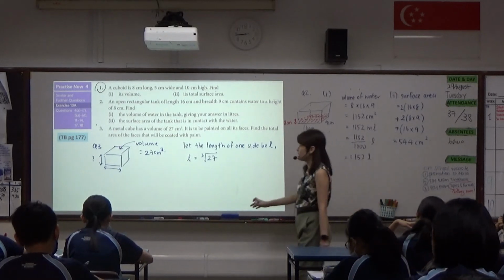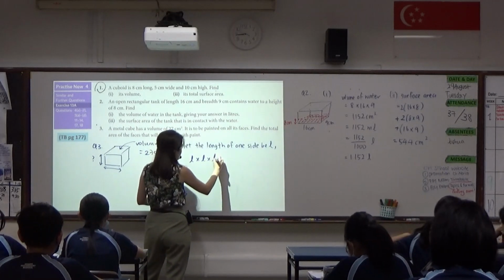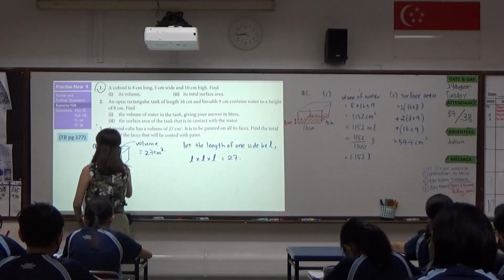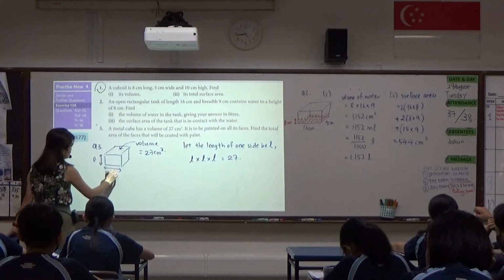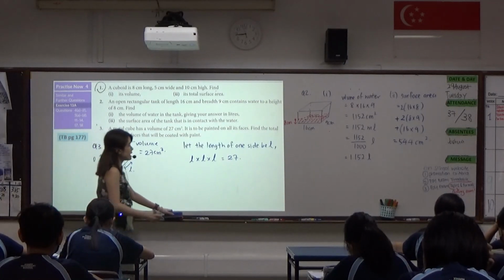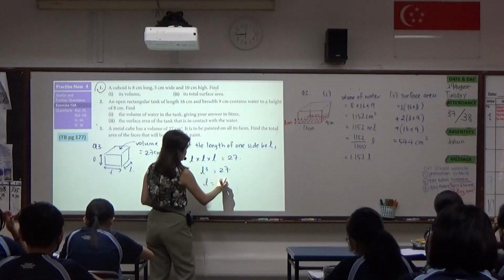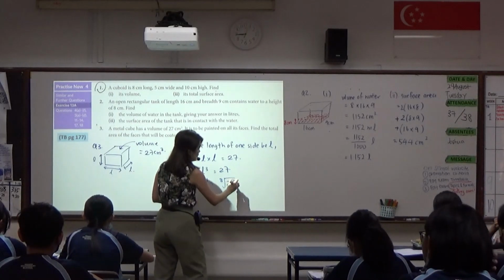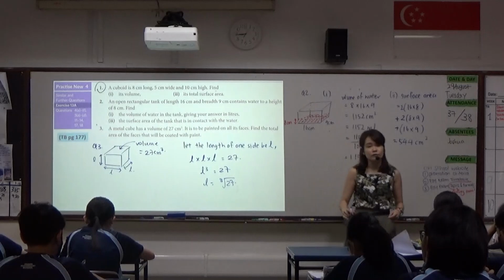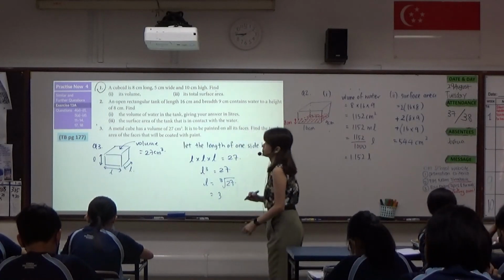Because L times L times L will give us 27. Okay, in other words, L cube equals to 27. So L is equals to cube root of 27, for which it is actually 3.